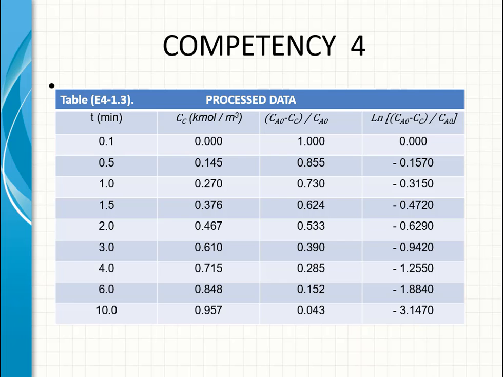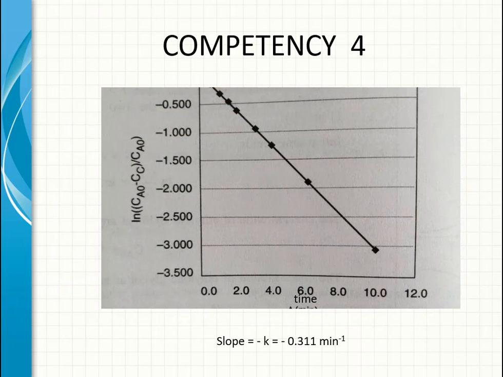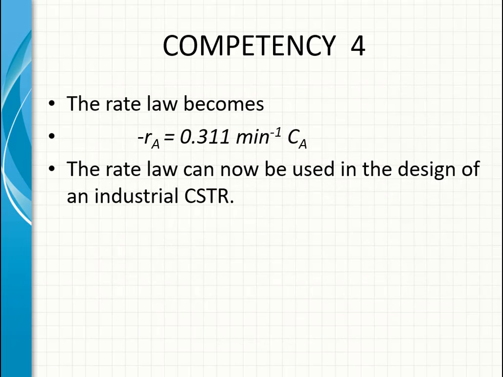So we have here the values of t, and in the last column the values of natural log of Ca0 minus Cc divided by Ca0. And here we have the plot, and the negative slope is equal to minus 0.311 minute to the minus 1. That's the value of k.